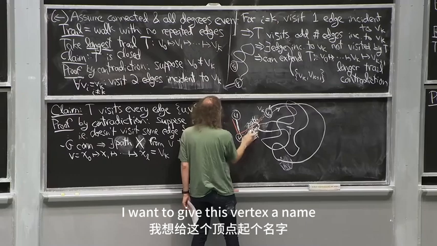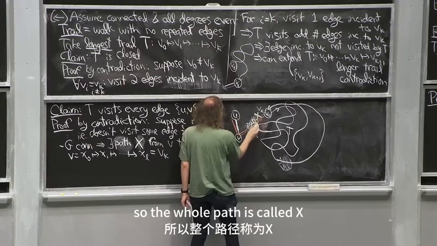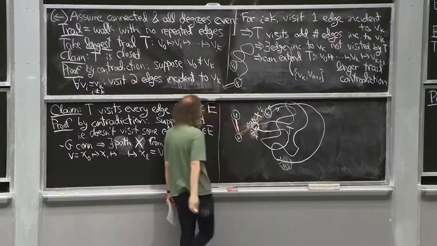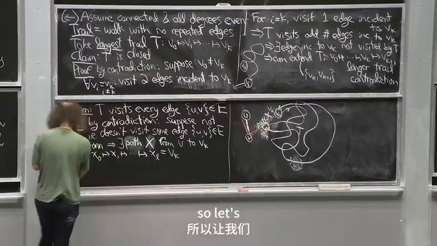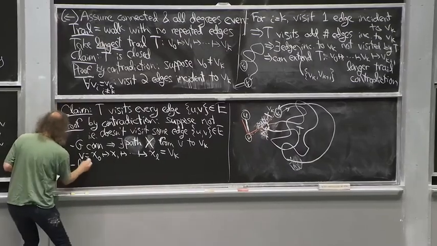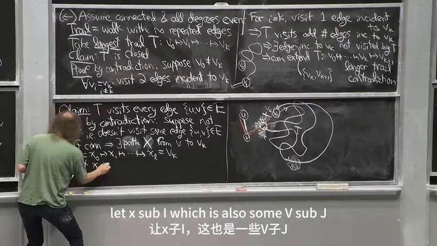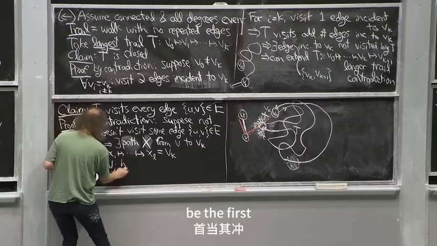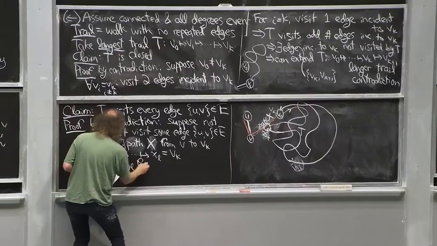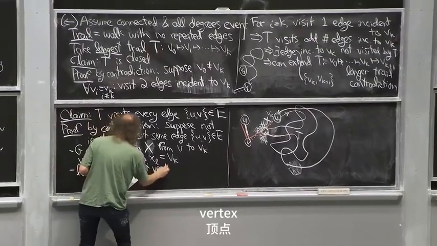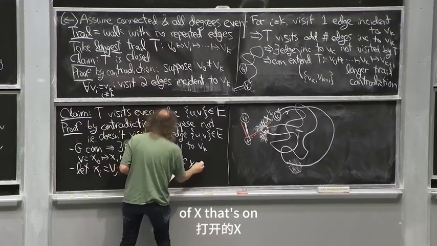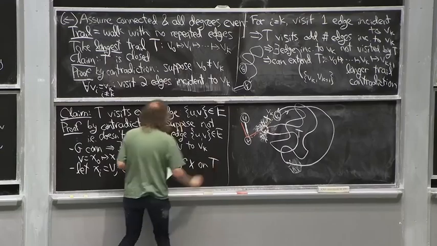I want to give this vertex a name. So the whole path is called x. This vertex I want to call x sub I. So let x sub I, which is also some v sub j, be the first vertex of x that's on t.